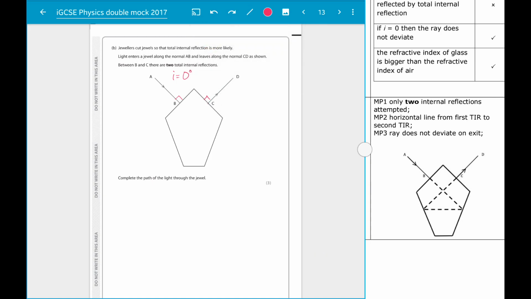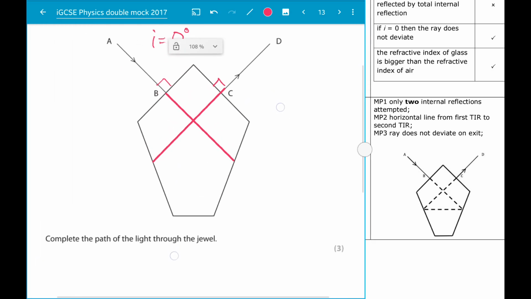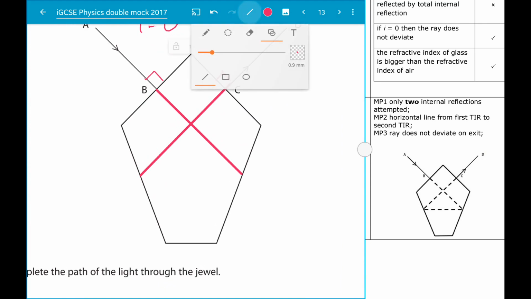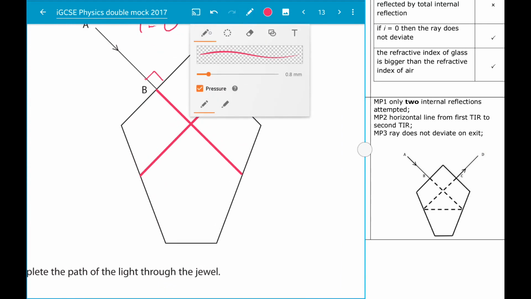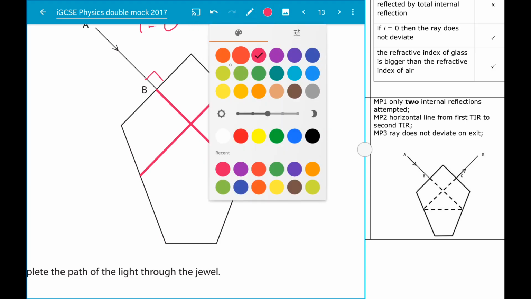So, let's do it. Here, that line should go straight through and then straight out again because it's at 90 degrees, and that should go straight through and straight out again. It's 90 degrees. Now, let's zoom in a little bit and have a closer look. The angle here, let me do it in a different color, so we're having our rays one color and annotations another.